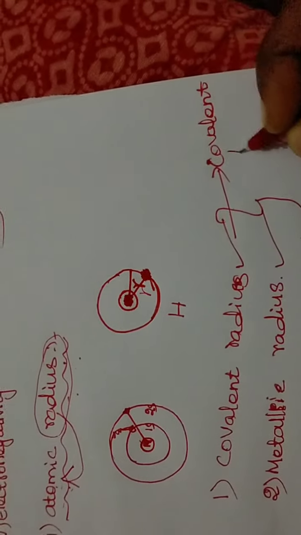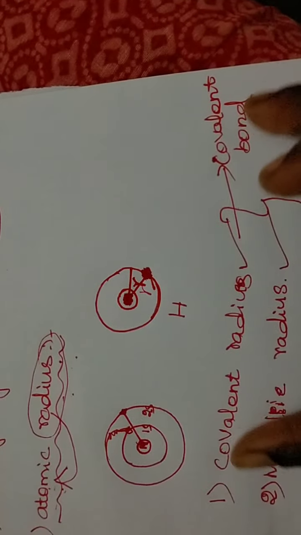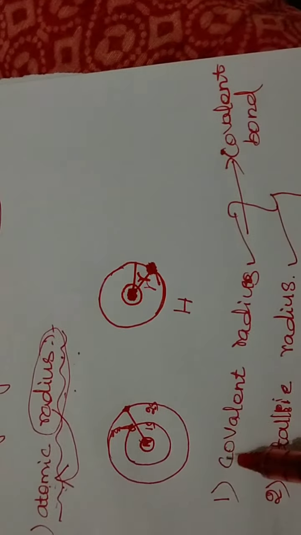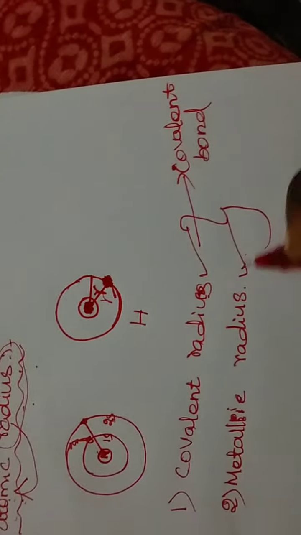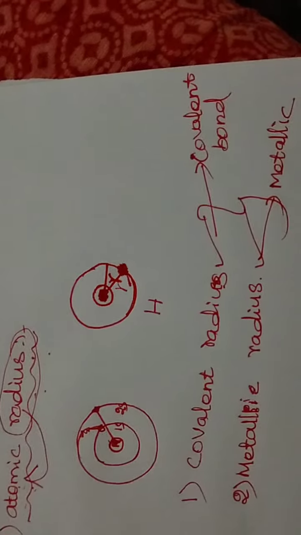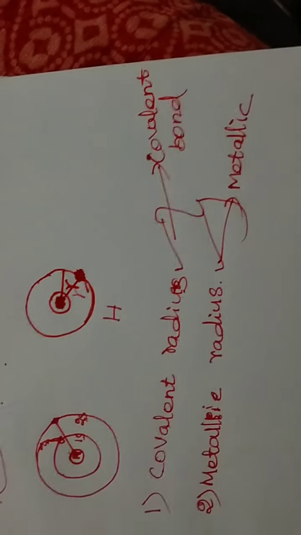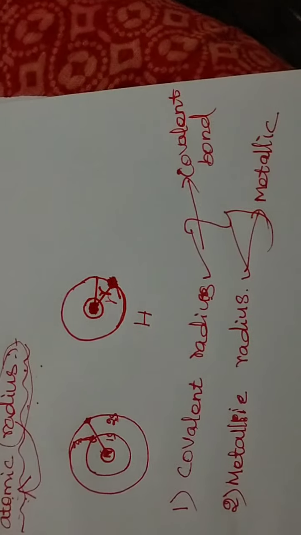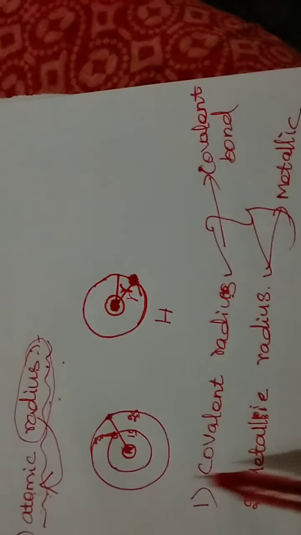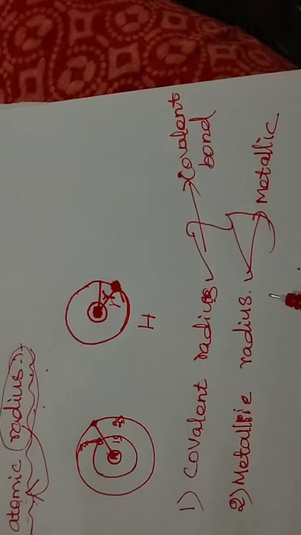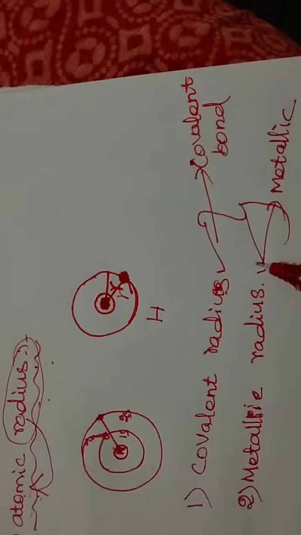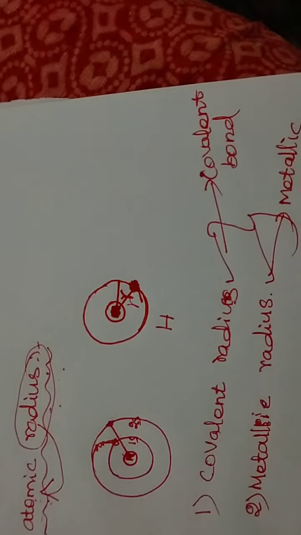The measurement of the radius between atoms connected by a covalent bond is the covalent radius, and atoms connected with a metallic bond give the metallic radius. If the atoms are connected by a metallic bond, we use the metallic radius measurement, and if connected by a covalent bond, you can use the covalent radius method to find out the atomic radius.